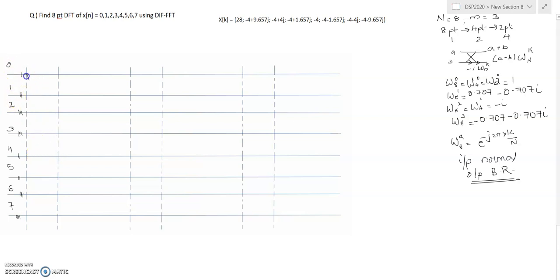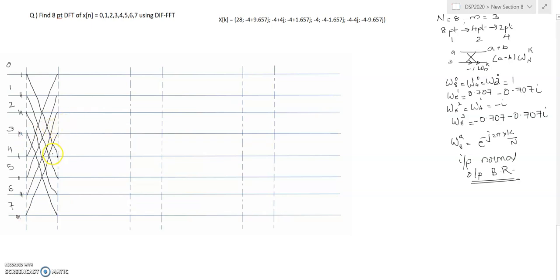Try to draw a straight line between these two, then we connect these two, then these two, then these two.